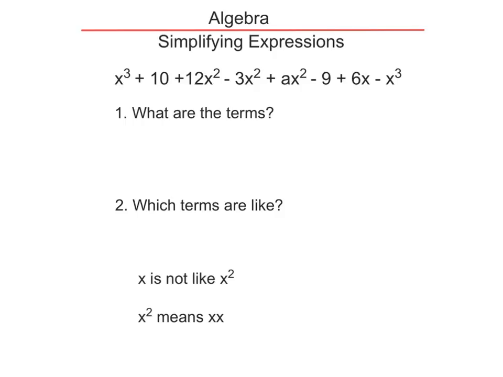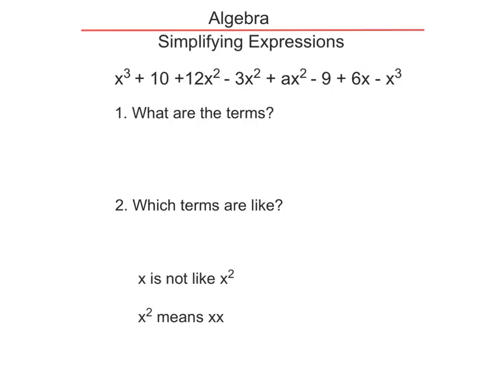In algebra, we like to turn complicated expressions, like this one at the top here, into simpler ones. This one is very complicated. It's got lots of parts to it. And the parts are called terms.